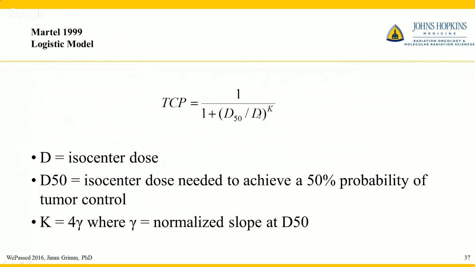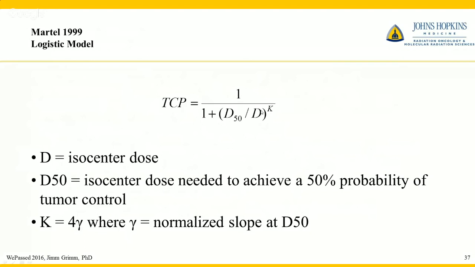So when D is equal to D50, this is basically 1 over 1 plus 1, 1 over 2, and when you raise 1 to the kth power, it doesn't matter what k is. When D is equal to D50, you're going to get 50% for the answer.